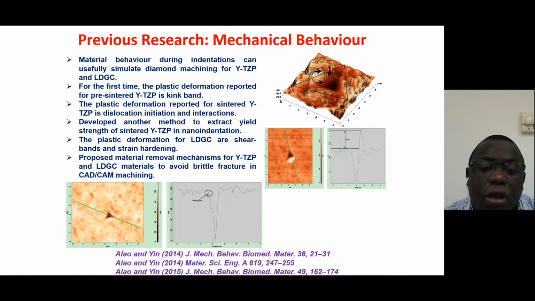Having properties similar to steel, like this one, plastic deformation. Another one is that metallic steel can also transform from one phase to the other.